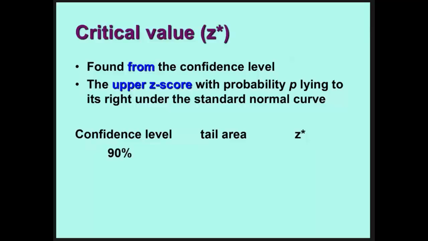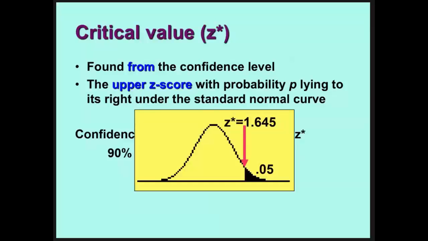So let's say I want a 90% confidence interval. If I look at a graph of a standard normal curve, that's where mean of 0, standard deviation of 1, if I'm looking at a 90% confidence level, that means I want the middle 90%. Well, what percent's left for the outer piece? You got 5% above, 5% below.